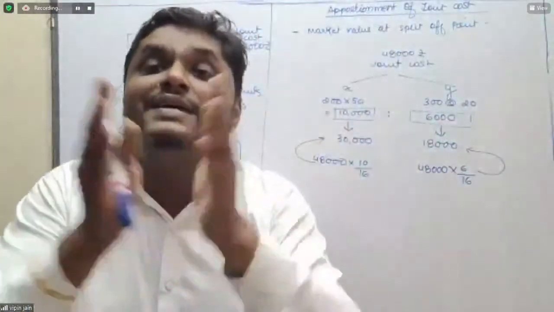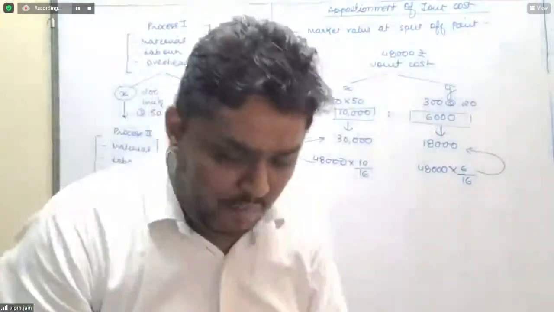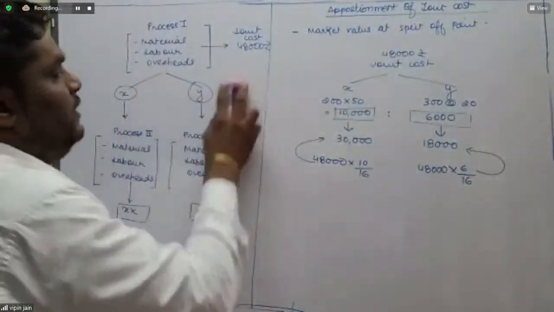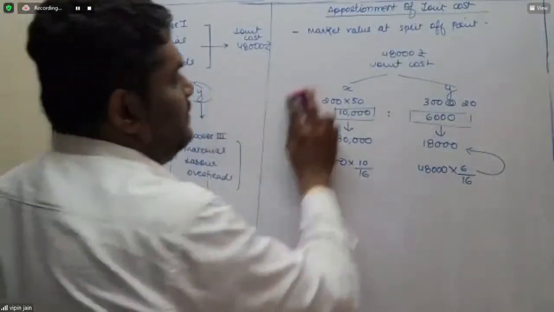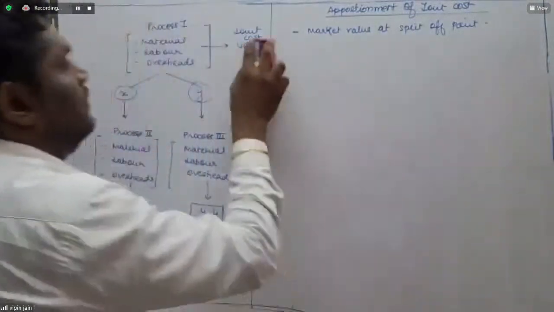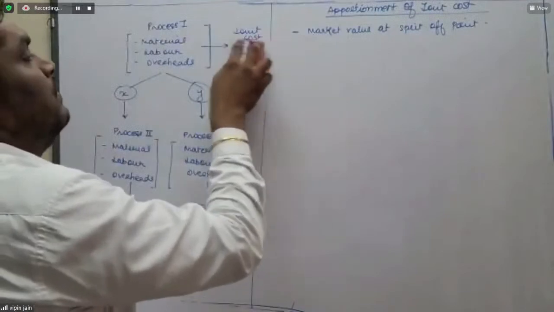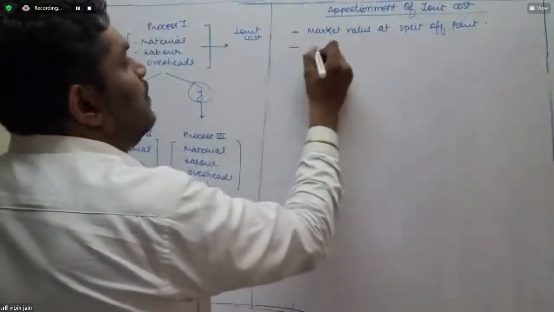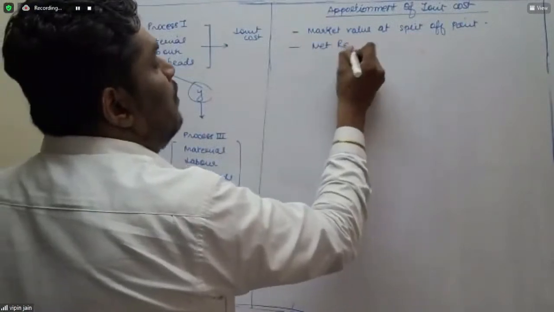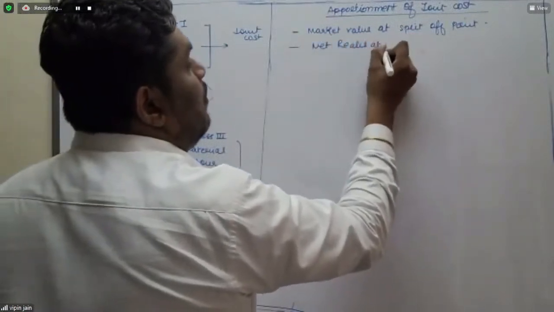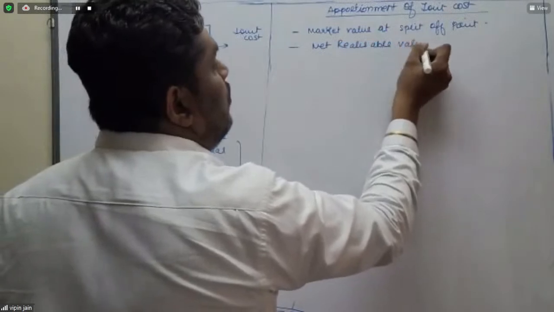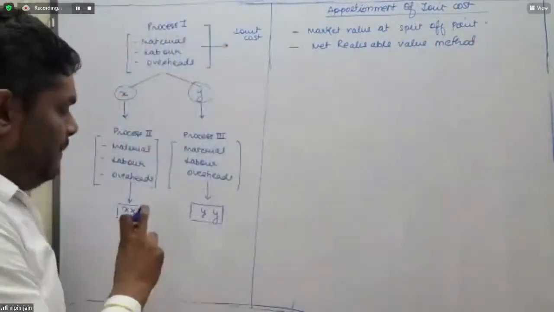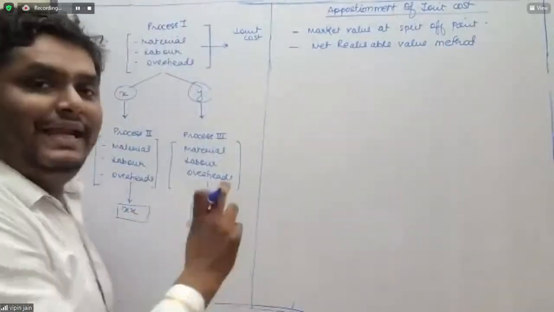And this method is called the net realizable value method. So let me discuss one more method, that is net realizable value method. Now see, product double X and double Y has an active market.